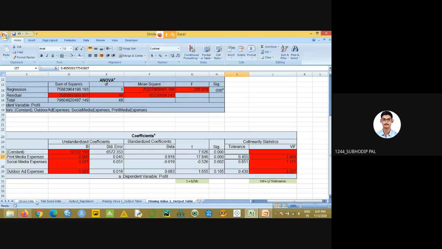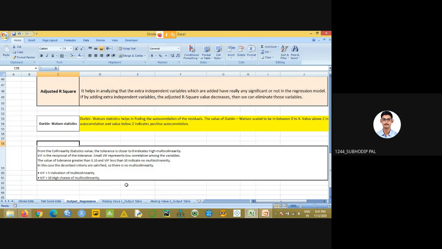What do you mean by multicollinearity? Has anyone heard this term before? Multicollinearity. Anyone of you heard this term before? It's just a guess.